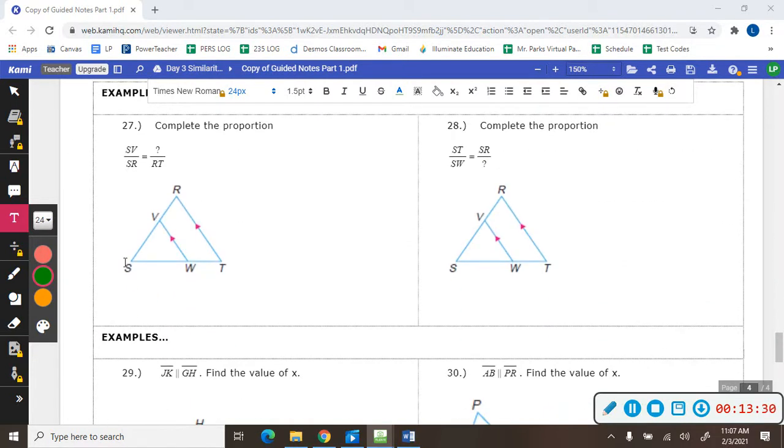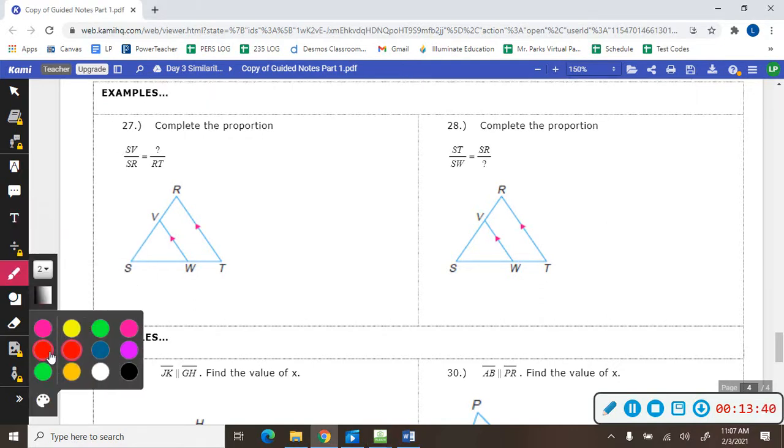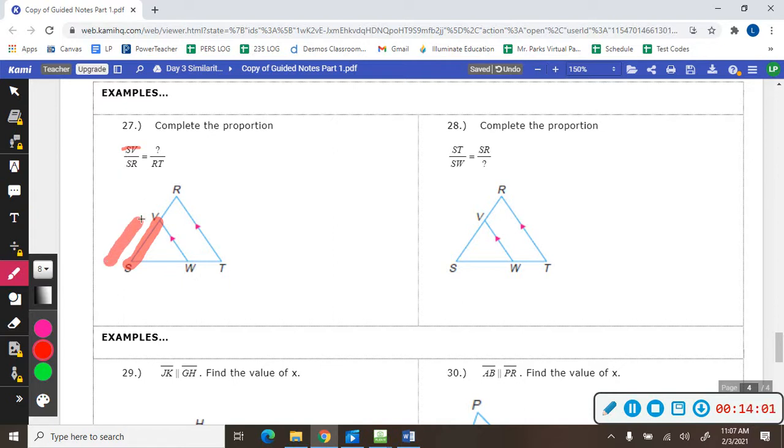So here we have the little triangle, we have the big triangle, and so they're setting up a proportion, and they're saying SV, so here's SV, that's the small side, so that is going to be proportional to, so if I do SV over SR, that's SR, that's equal to what over RT?